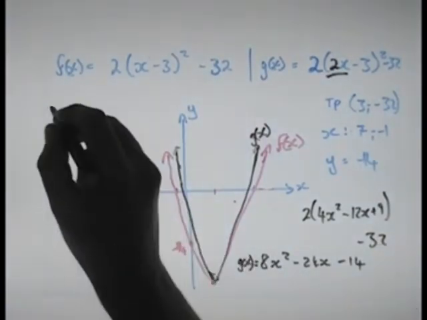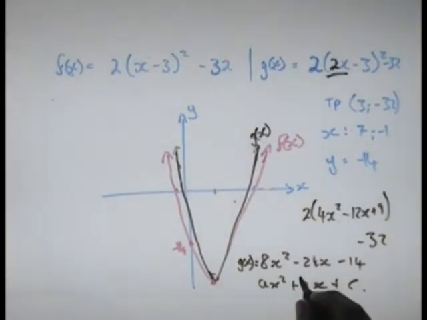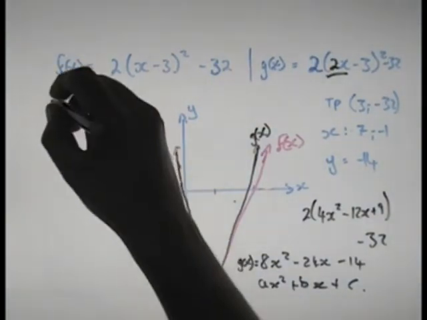To get my turning point, because it's in the form ax squared plus bx plus c, which is now a slightly different form than a(x minus p) squared plus q, and because it's in this new form, we're going to have to start by getting our axis of symmetry.